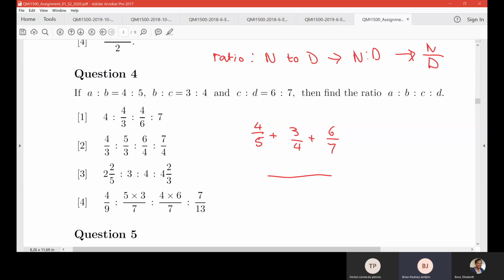Just give me a second. So we can say 5 times 4 times 7 equals 140. That would be a very big number. So if we say this is 140, 5 goes into 140 28 times.